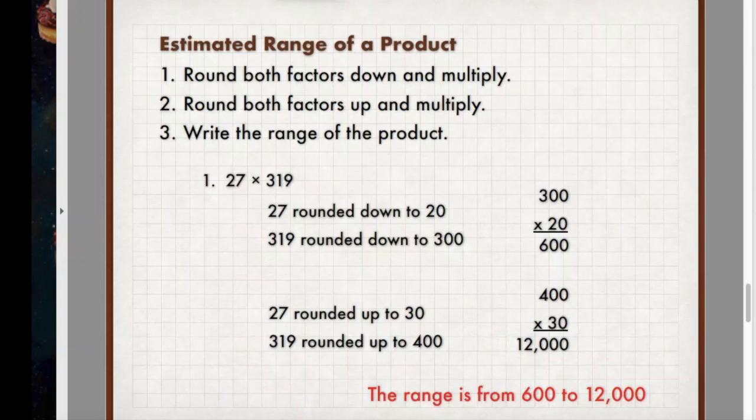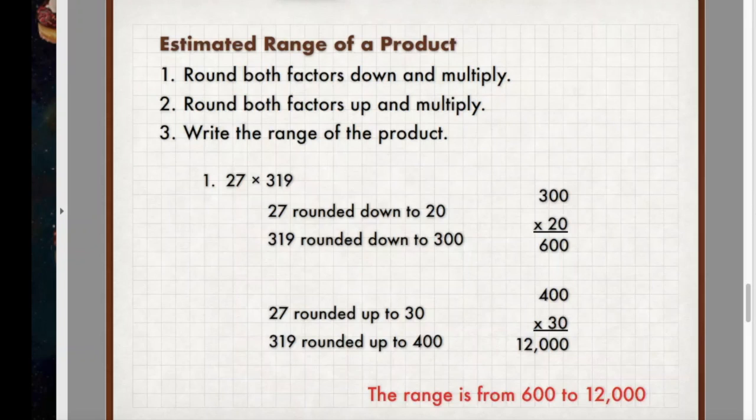Okay, 27 times 319. Let's first round down. 27 can be rounded down to 20. 319 can be rounded down to 300. Now you're probably thinking 27 should not be rounded down. 27 should be rounded up. But the thing here is we want a range.